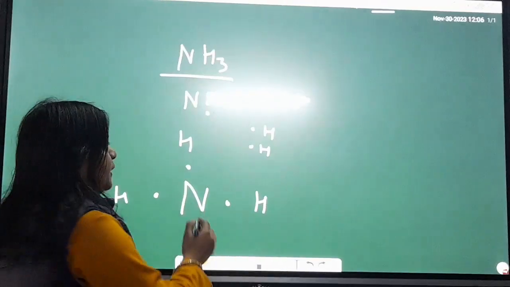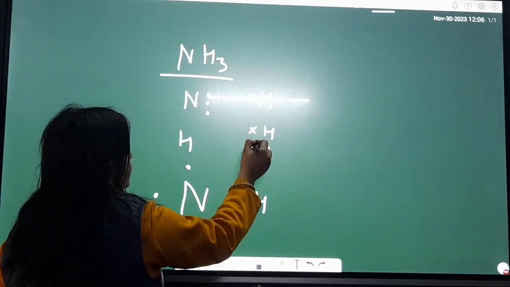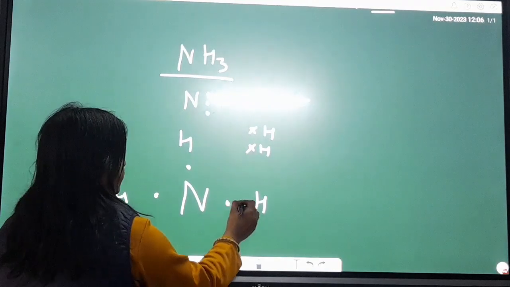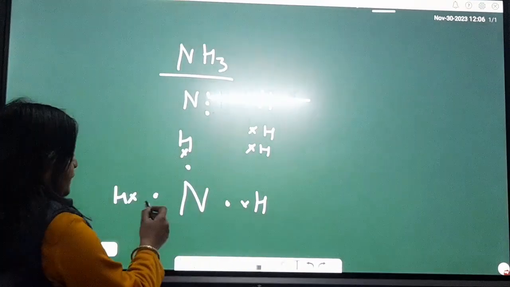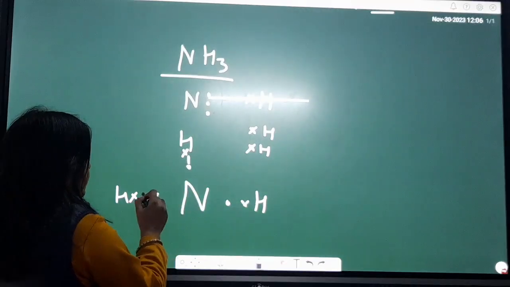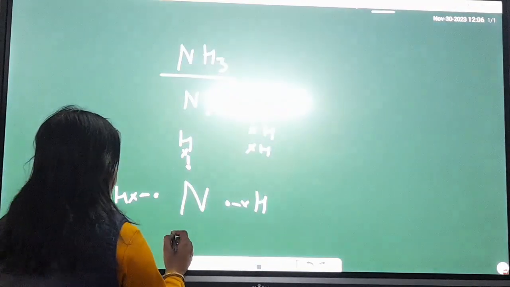Here you can see we show the electrons of nitrogen with dots and the electrons of hydrogen with crosses. So hydrogen also has one electron. Now this nitrogen is forming 3 covalent bonds with 3 hydrogens.